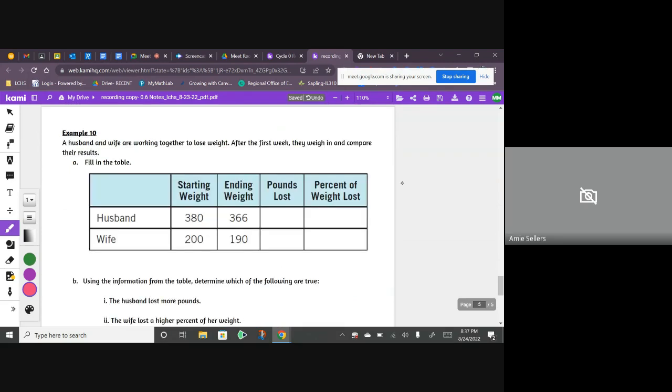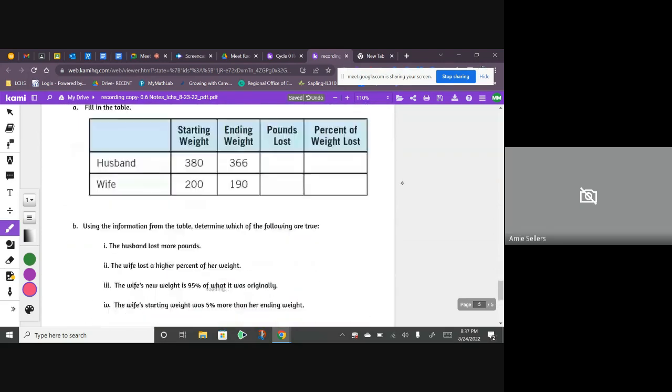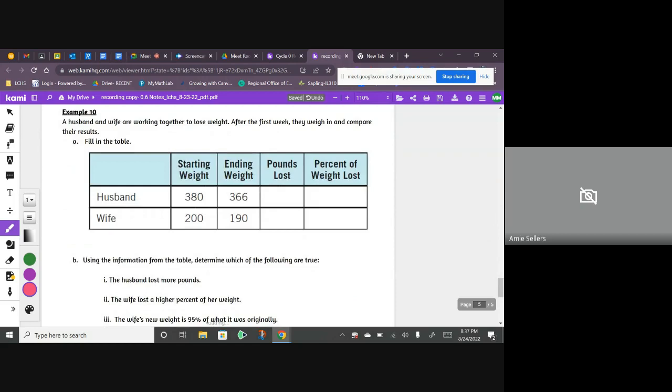Okay, example 10. This is your last problem for this section. A husband and his wife are working together to lose weight. After the first week, they weigh in and compare their results. Fill in the table. So the husband's starting weight is 380 pounds and his ending weight is 366.